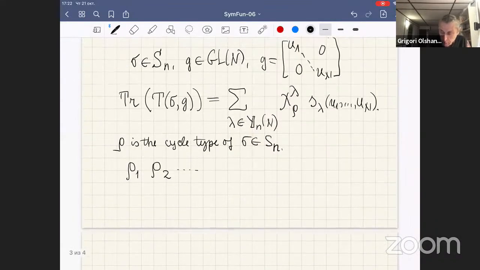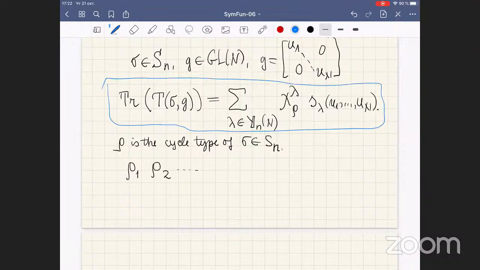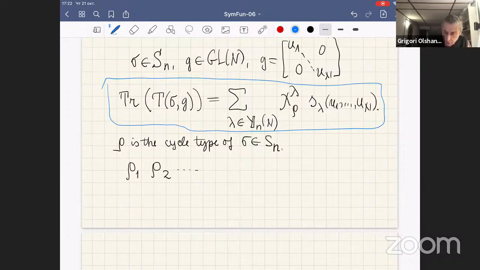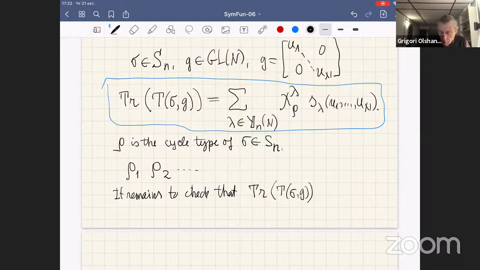So look at this formula. It is almost what we want. It remains only to check that the trace of this element is just the power sum. This is not difficult. Just look at the definition.